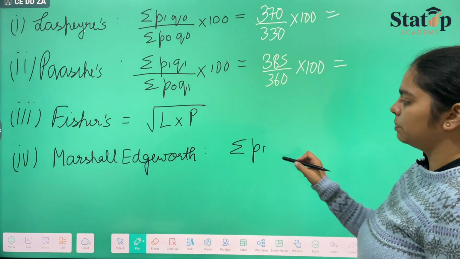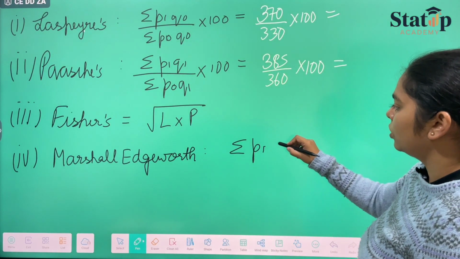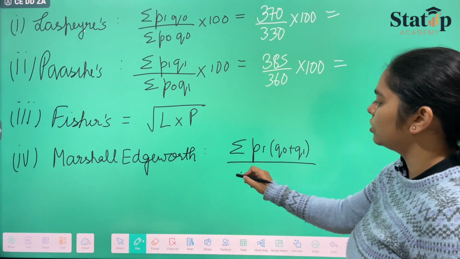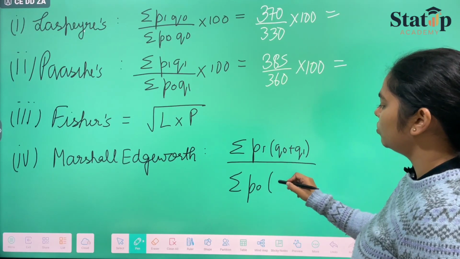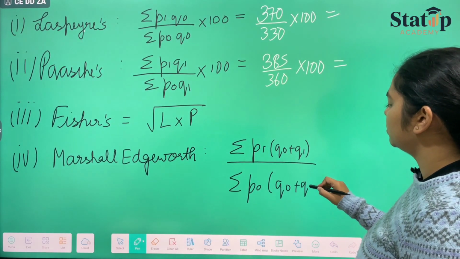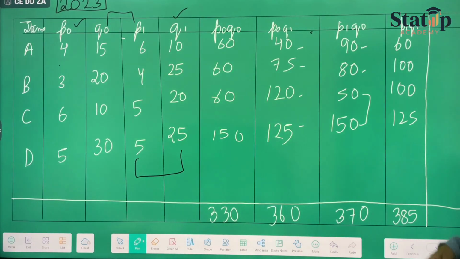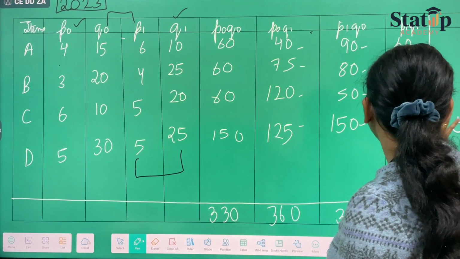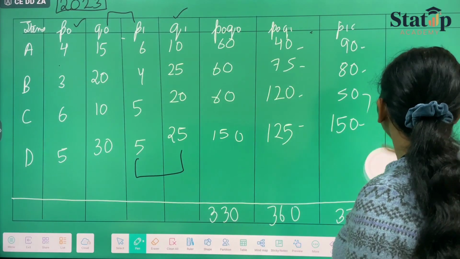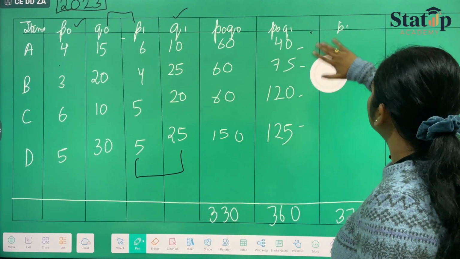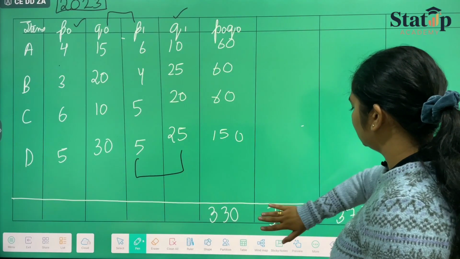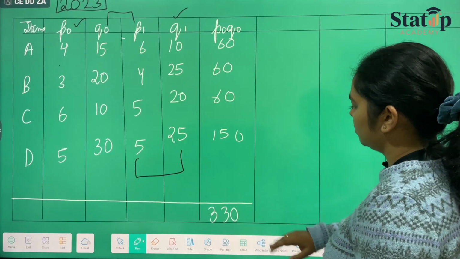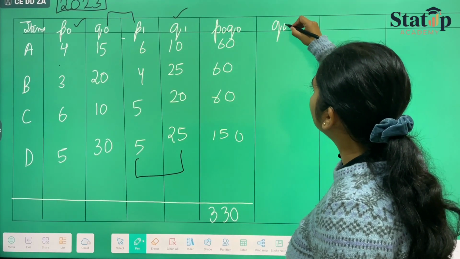Now for Q naught plus Q1, we have to make another column here. I am erasing them and taking Q naught Q1. So Q naught plus Q1.